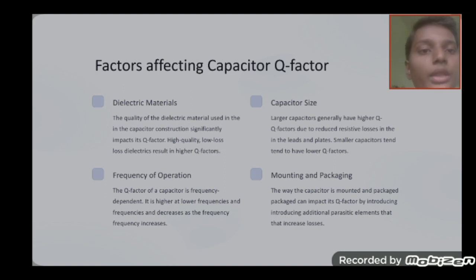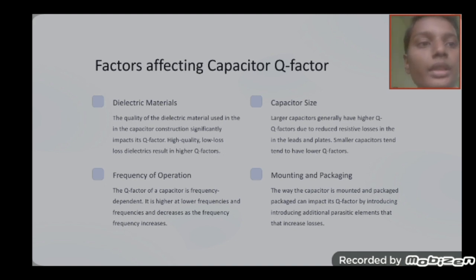Frequency of operation. The Q factor of a capacitor is frequency dependent. It is higher at a lower frequency and decreases as the frequency increases. Capacitor size. Larger capacitors generally have high Q factors due to reduced resistance losses in the leads and plates.